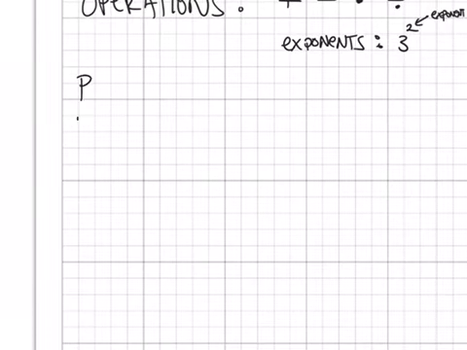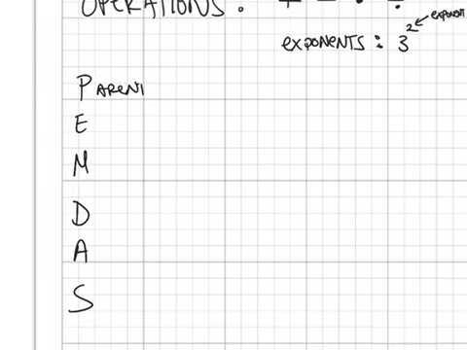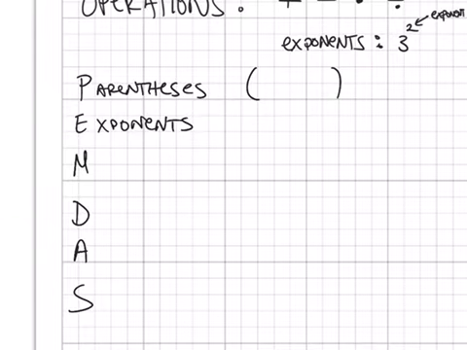You've heard this before. There's an acronym for how to think about what order to do stuff in, okay? And it's like this. We do parentheses first. These are things that group together expressions, okay? Then we do our exponents. Followed by multiplication and division.